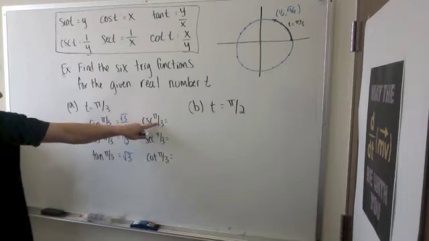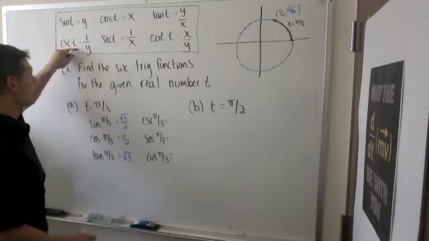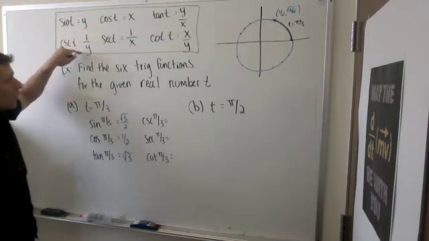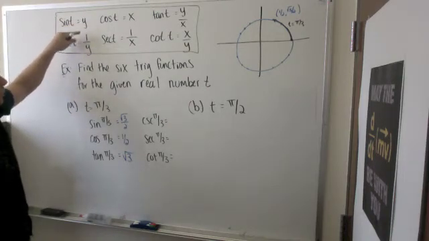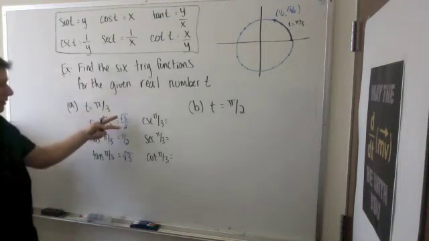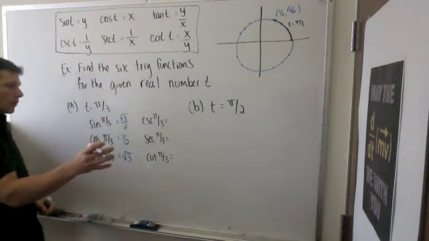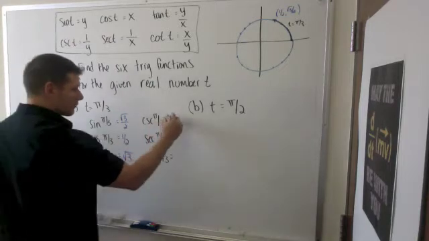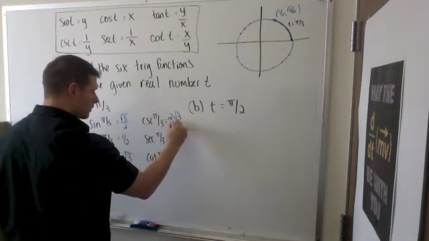Cosecant of pi over 3, you'll notice, is a reciprocal of y. 1 over y is a reciprocal of y. Therefore, it'll be 1 over this y value. So it'll be 2 over root 3, rationalize the denominator, multiply top and bottom by root 3, and I'll have 2 root 3 over 3.